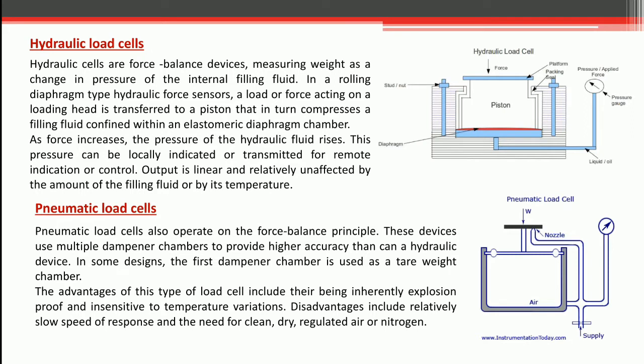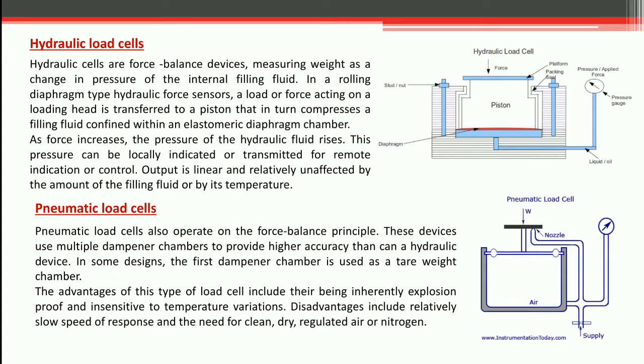The liquid medium contained in a confined space has a preloaded pressure of, suppose, 2 bar. On application of the force the liquid pressure increases and equals the force magnitude divided by the effective area of the diaphragm. The pressure is then transmitted to and read on an accurate pressure gauge calibrated directly in force units.